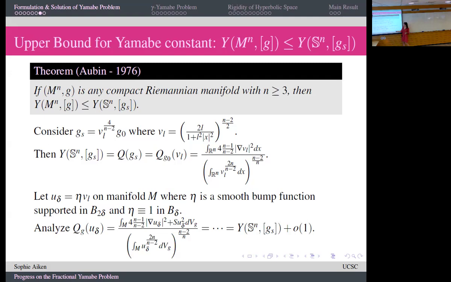And then when I go to write out the Yamabe functional of QG with this transformation, it's basically going to split U delta. I can decompose it as this bump function times the stereographic projection, and I'll get out just exactly my standard spherical Yamabe constant plus a little error.